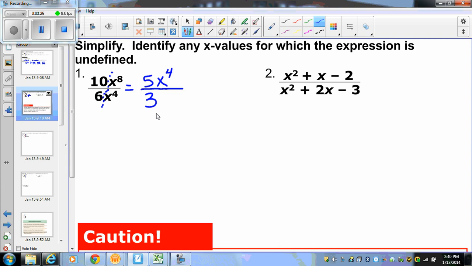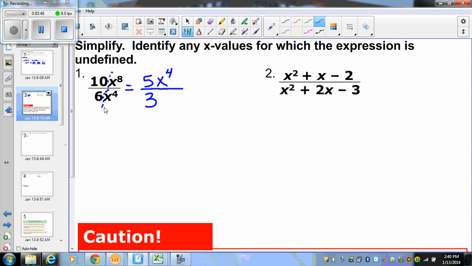Now, once we have it simplified, we need to identify x values where the expression would be undefined or fail to exist. To do that, you actually need to go back to the original expression. Remember, think for a minute about what you can never have in the denominator of a fraction. You can never have the denominator of a fraction equal 0.